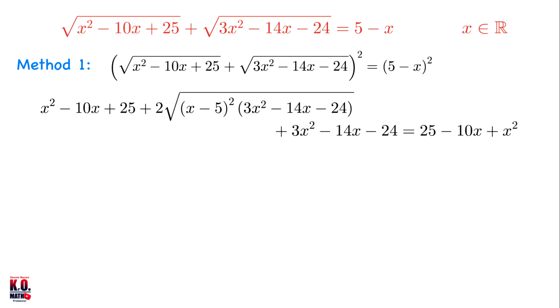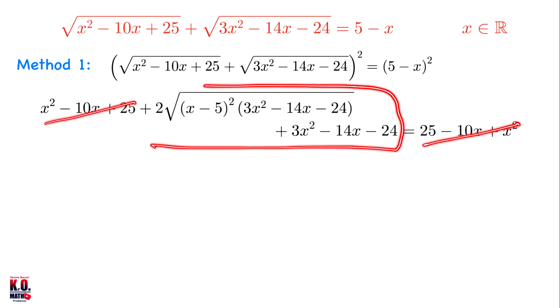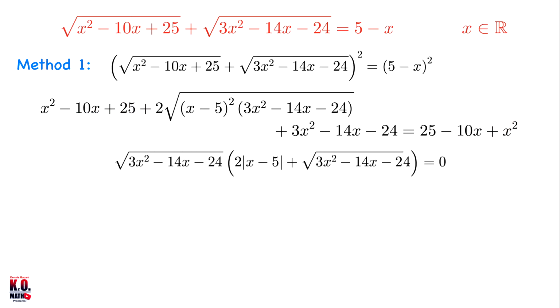And as we can see, these three terms here and these three terms here cancel out. And these remaining terms here can be factored to square root of 3x squared minus 14x minus 24 times this expression here. And how do we get this factorization?